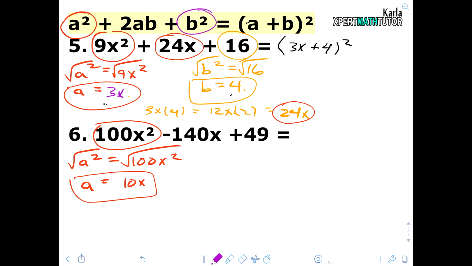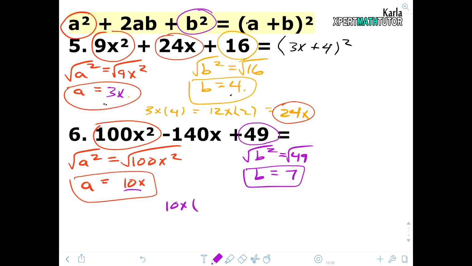So a will equal 10x. B squared will equal 49. So if I take the square root of both sides, the square root of b squared is b, the square root of 49 is 7. So b will equal 7.